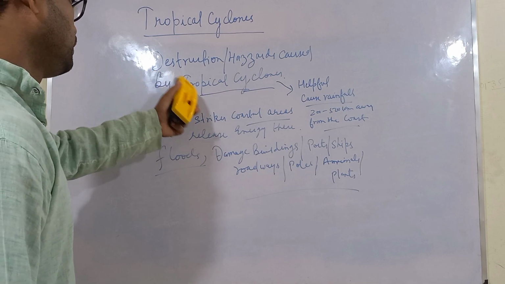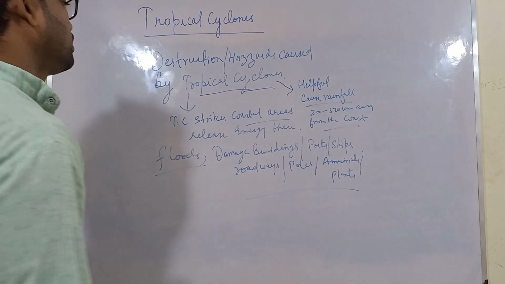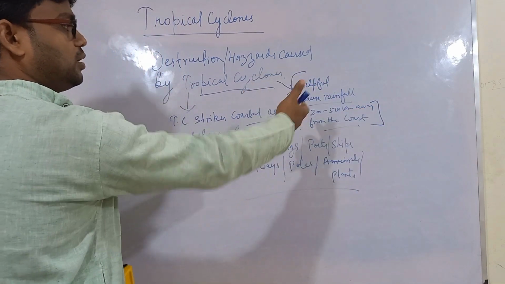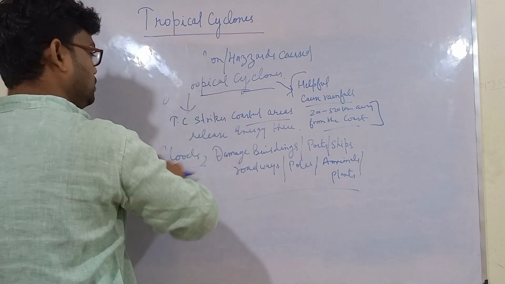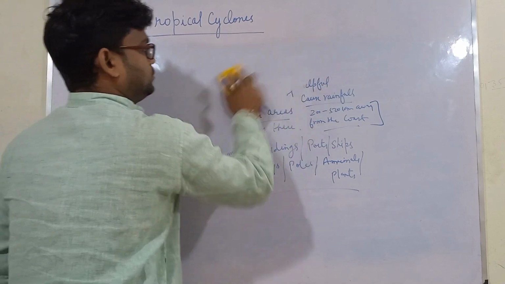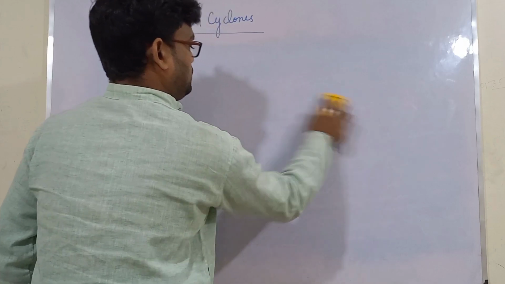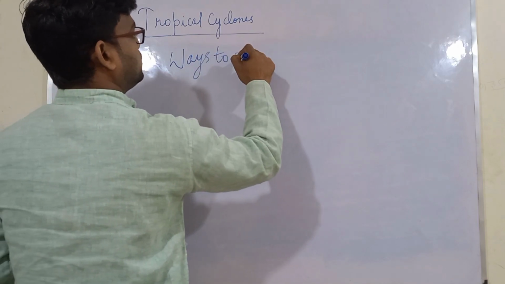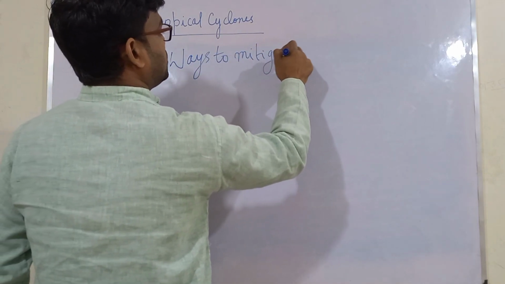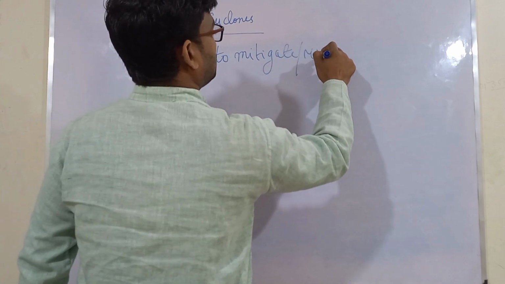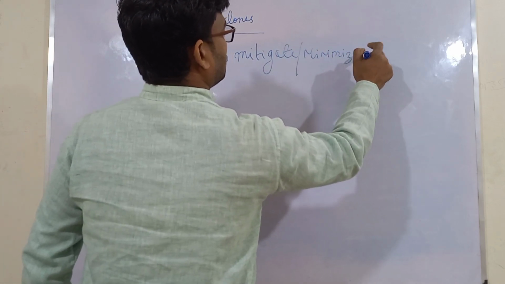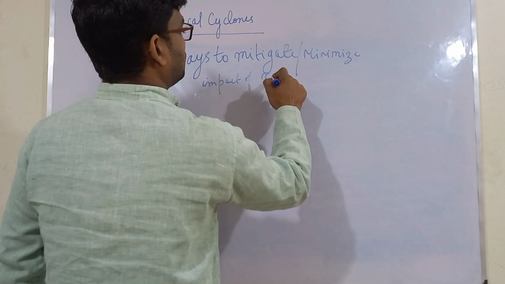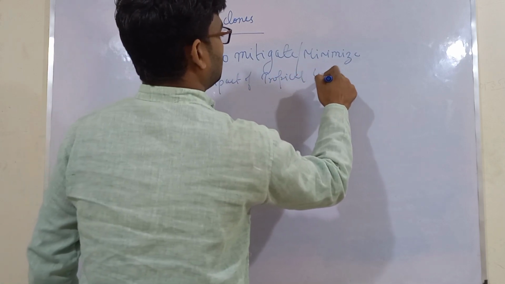Now we are done with the destruction and hazards caused by the tropical cyclones, and also the usefulness of tropical cyclones. We will come to ways to mitigate or minimize the impact of tropical cyclones.